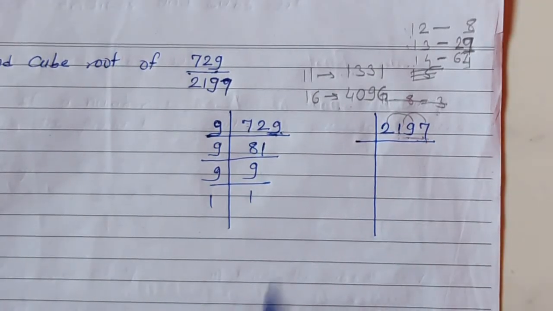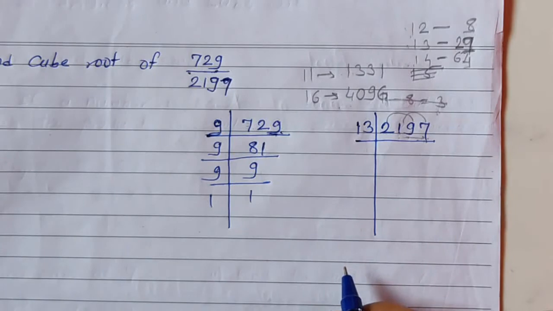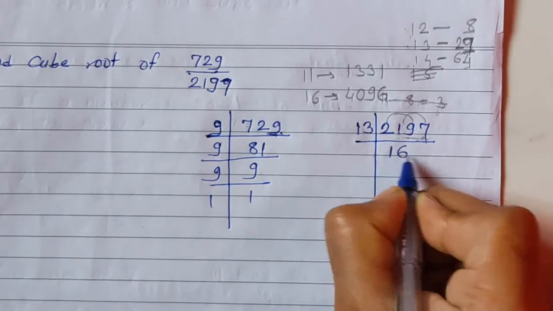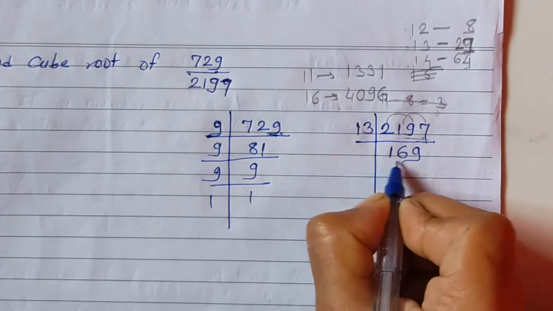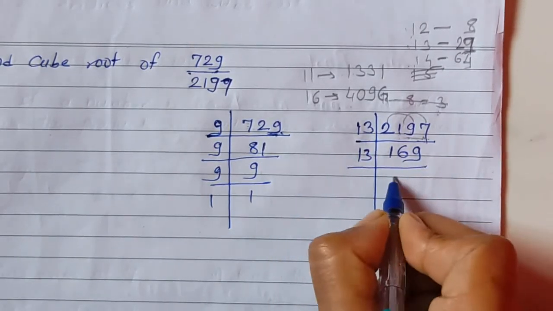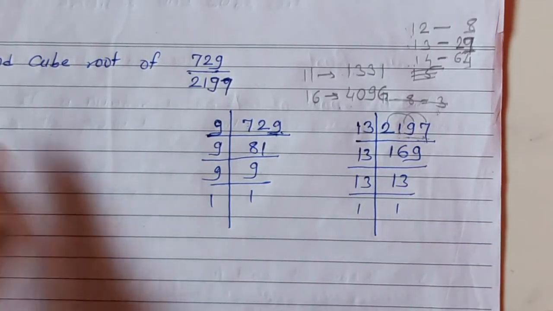Therefore this number is divisible by 13. I am using the test of 13. After division you will get the answer 169. Again, 169 is divisible by 13. So this is our answer.